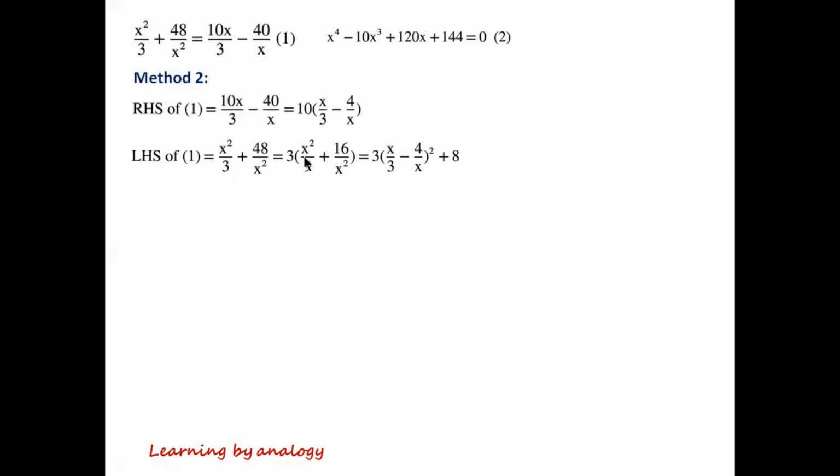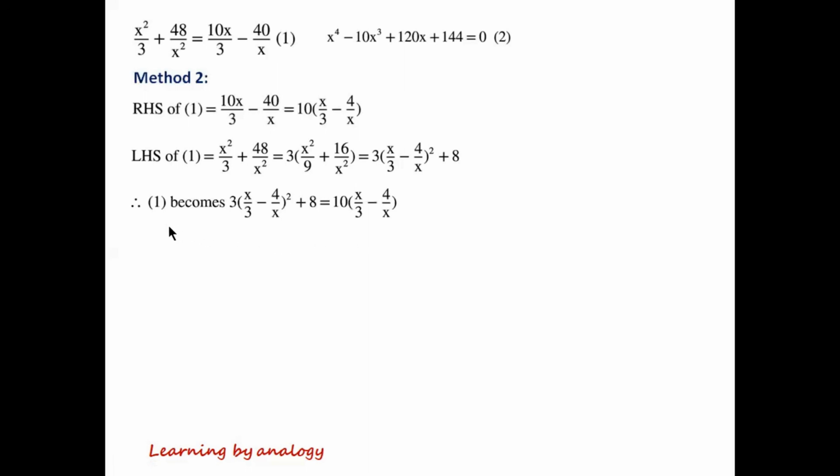We can write x squared over 3 as 3x squared over 9. We can write 48 over x squared as 3 times 16 over x squared. By completing the square, we have 3 times x over 3 minus 4 over x all squared plus 8.